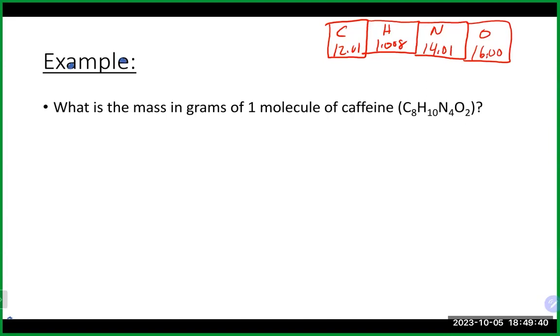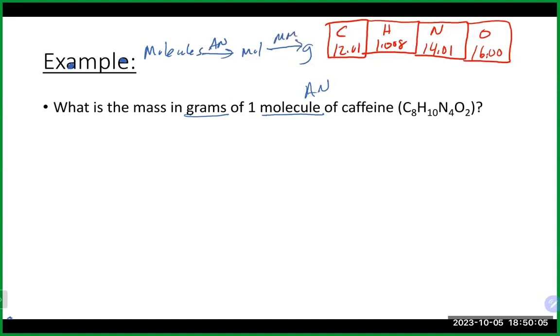So once again, the keyword is molecules, tells us Avogadro's number is involved. We want to end up at grams. So once again, we got molecules, we got to get to grams, and our moles are in the middle there. So we're going to first Avogadro's number it, and then we're going to molar mass it, and then we will be out of stuff to do to it.